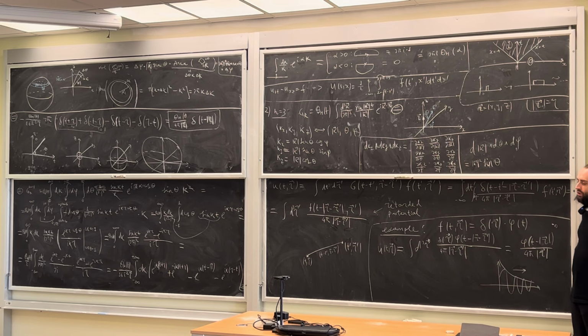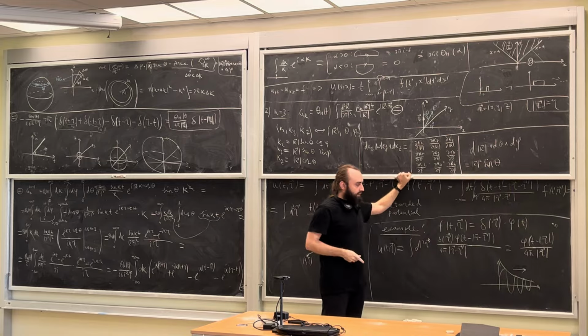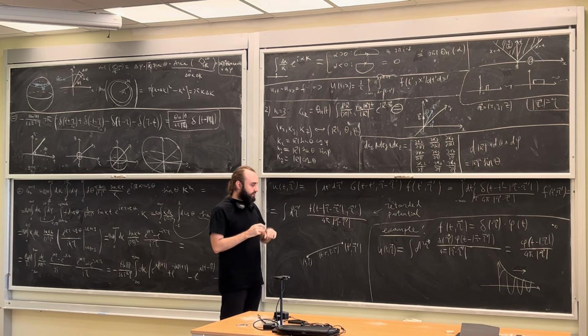We will get a logarithm for the time-independent case, for the Laplace equation, but the wave equation behaves differently. It's a qualitative difference. Are there any other questions about this?